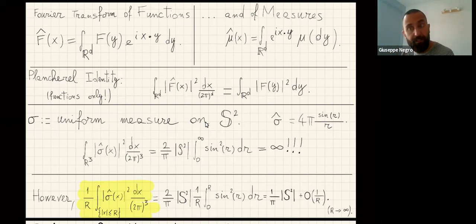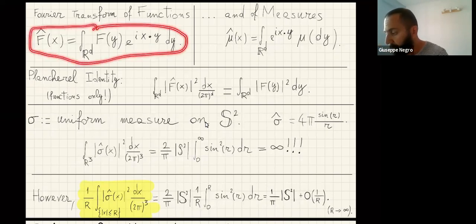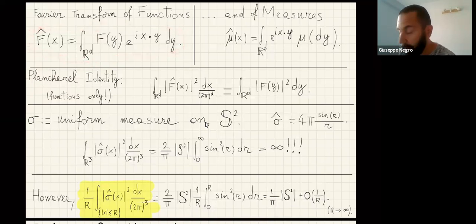This is all very classic. I'm going to talk about the Fourier transform, which, as you may know, is this operator. Here I am taking the Fourier transform of a function f. It's the integral of the function against the character, provided the function is integrable.